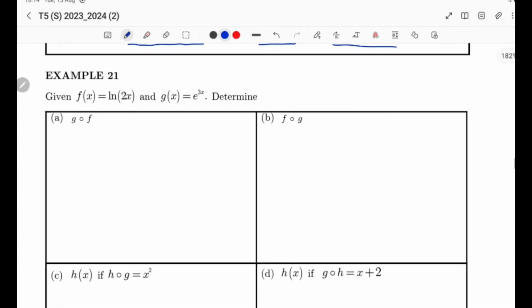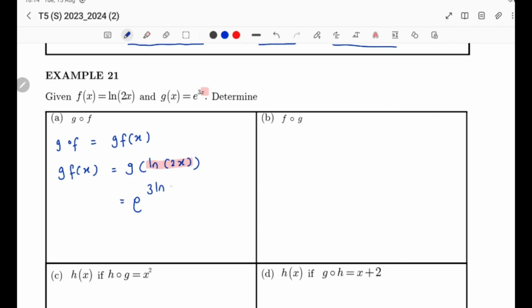Perform the composite functions involving exponential and logarithmic function. Example 21. Given f(x) equal to ln 2x and g(x) equal to e to the power of 3x, determine g of f. G of f is the same thing as g of f(x). So in order to find it, we substitute f(x), which is ln 2x, and take the whole thing and substitute into the x.